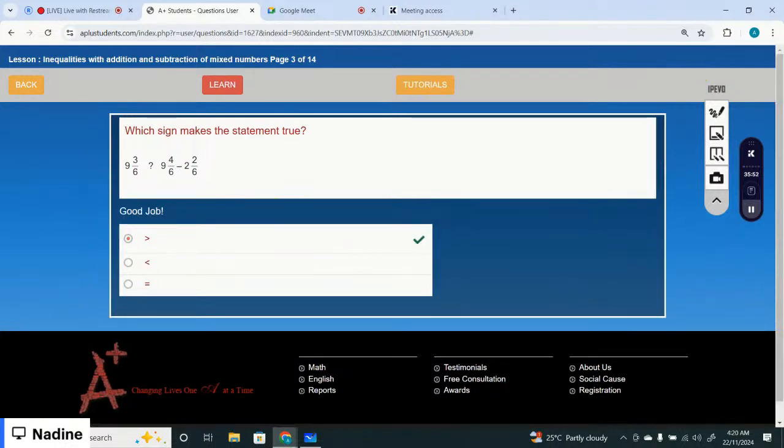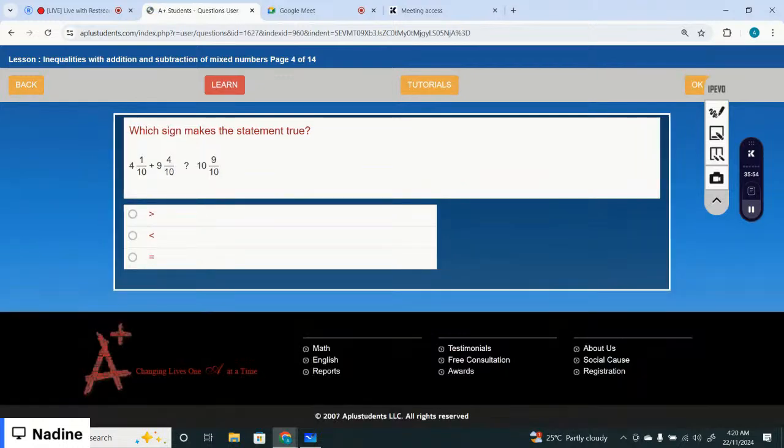Okay, the next one is 4 whole 1 by 10 plus 9 whole 4 over 10. You have to compare it to 10 whole 9 over 10. So which is the correct option?